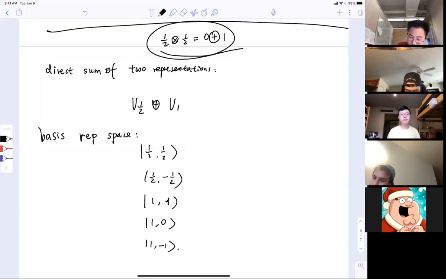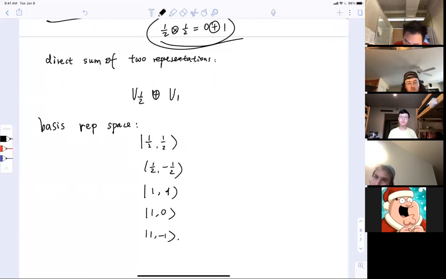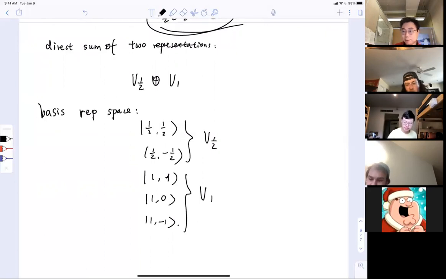So basically the representation space is the direct sum of those two representation spaces. So this corresponds to the spin 1/2 representation, and this corresponds to the spin 1 representation, right?